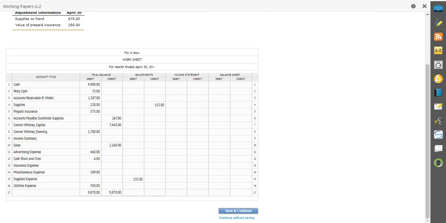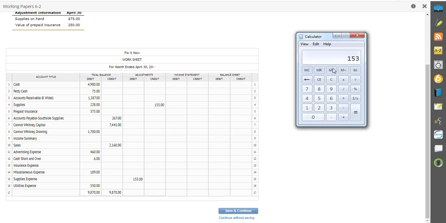Now, when we take a look at the value of prepaid insurance, financially, in our books, we have paid $375. So I have $375. We call the insurance company and they say, okay, you currently have $250 worth of insurance that you have not used up. So I have to take $375 and subtract $250.